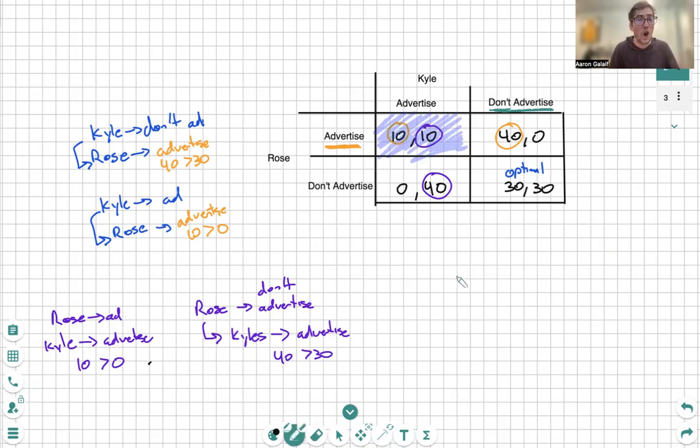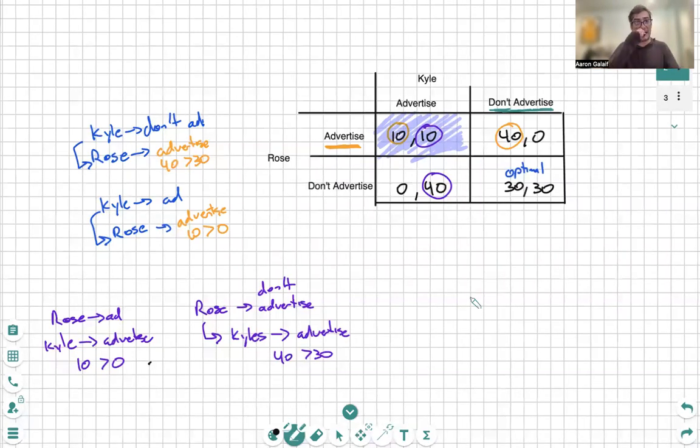We are both better off if we do not advertise. However, our Nash equilibrium states that our best strategy to whatever the other person does is to advertise. Thus, we have a prisoner's dilemma, and we are stuck at an equilibrium that is not optimal, and that is based off of our best strategies.